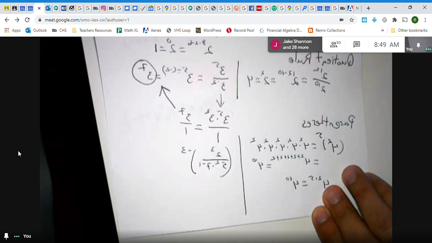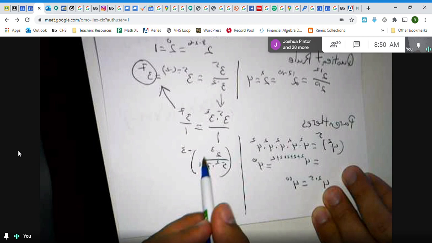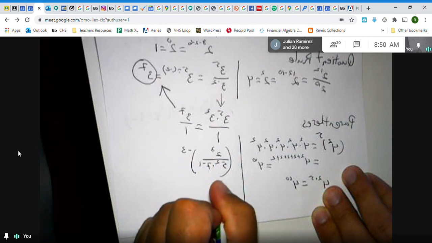All set? First, I want to look inside the parentheses and see if there's something I can simplify. You don't have to do it this way. You can do the next step first and go in either order. This is what I do. I see the 7 to the negative first. I want to take it upstairs to make it positive.